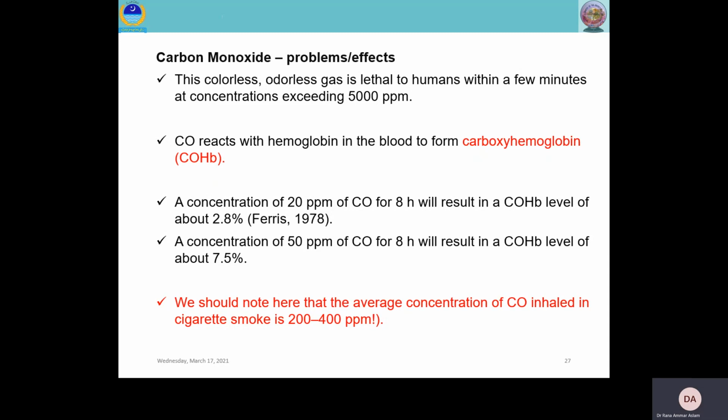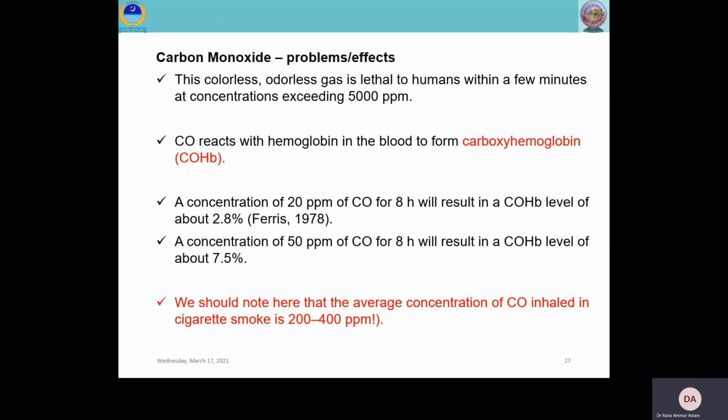The formation of carboxyhemoglobin increases the affinity for carbon monoxide over oxygen. It means that the formation of carboxyhemoglobin deprives the body of oxygen.